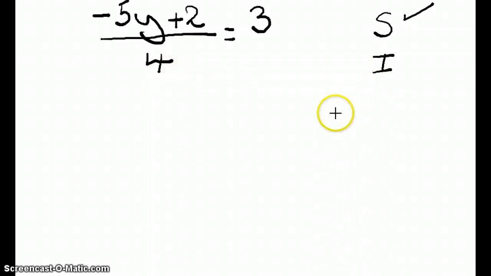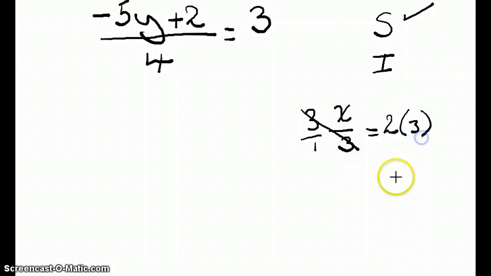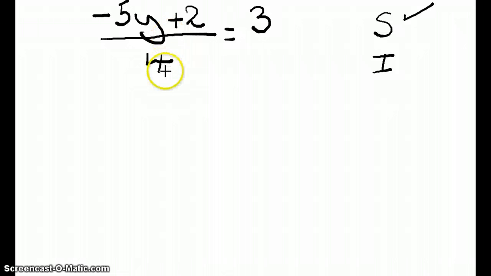Well, if we think back to how we dealt with x over 3 equals 2, how did we deal with that? Well, we multiplied by the inverse. The inverse of this is 3 over 1, and that eliminated the 3, and then obviously we would have multiplied the other side by 3. So using that idea, what could I do to eliminate this 4?